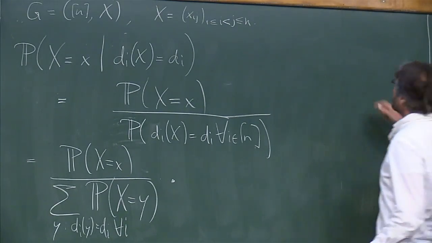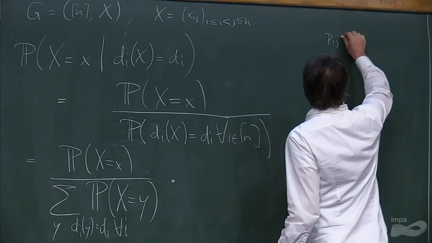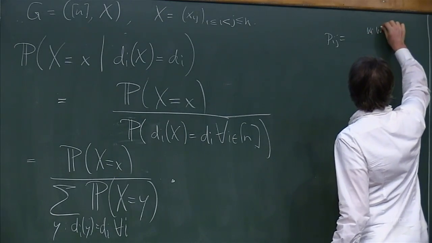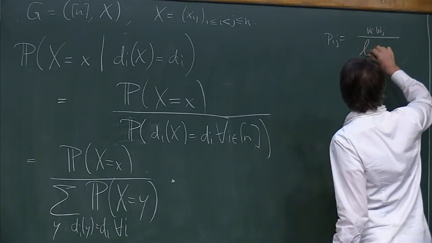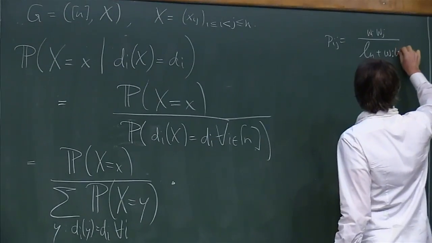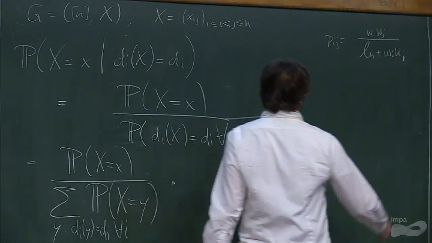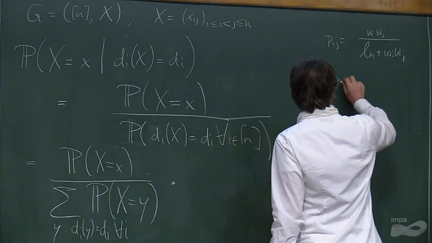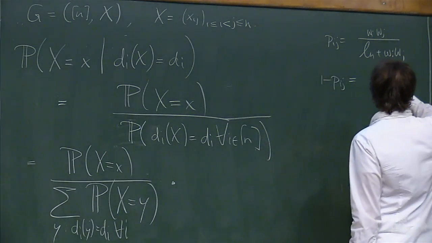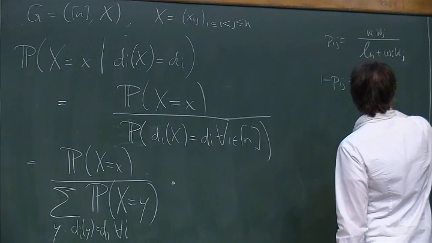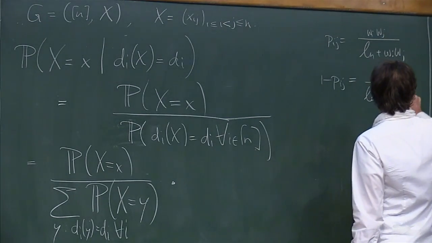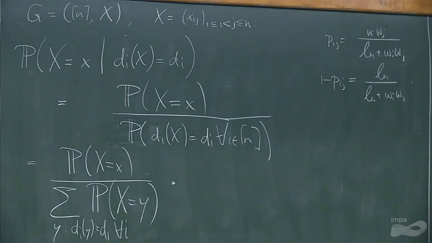And bear in mind that p_ij is w_i w_j over l_n plus w_i w_j. That was my generalized random graph. And also bear in mind, because this will be important, that if I take 1 minus this, I'm just going to get l_n divided by l_n plus w_i w_j.